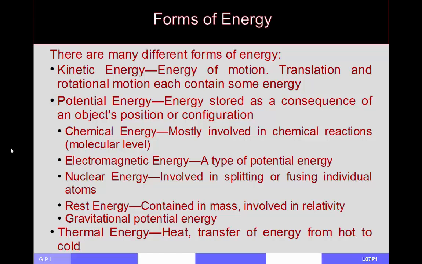There's translational kinetic energy and there's rotational kinetic energy. And we'll come back to rotational kinetic energy later. For now, today, I just want to look at the translational energy for the most part.